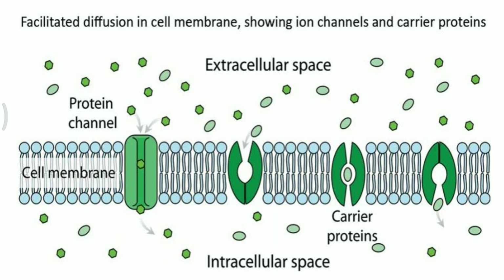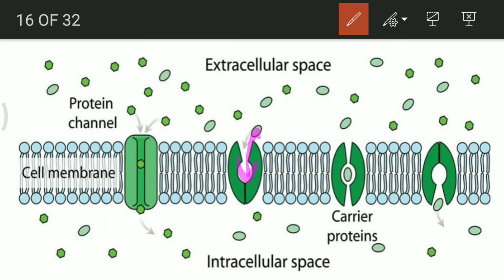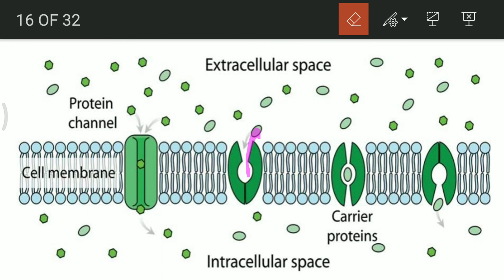You can see this substance will come and get adhered over here. As soon as it is adhered at this place, the shape will change. Now this place will be closed up and this one will open. As soon as it opens, it will allow this substance to be thrown out in the intercellular space.